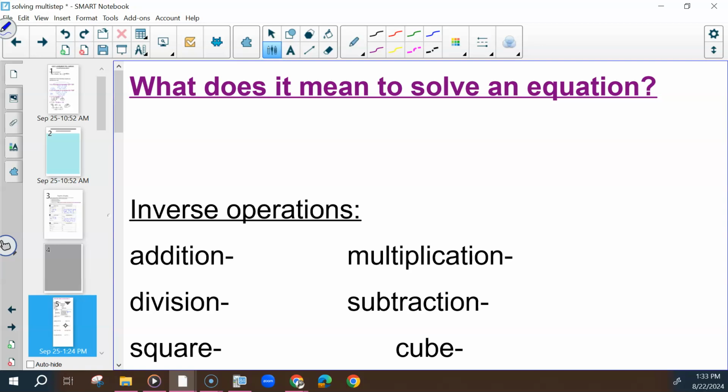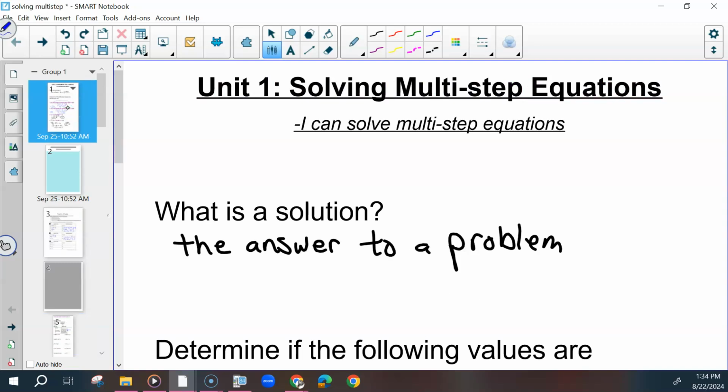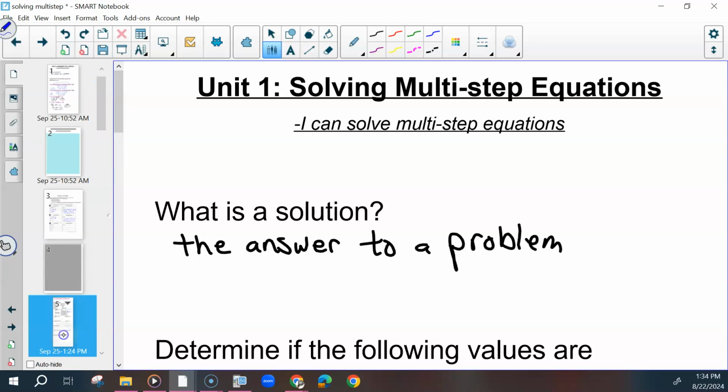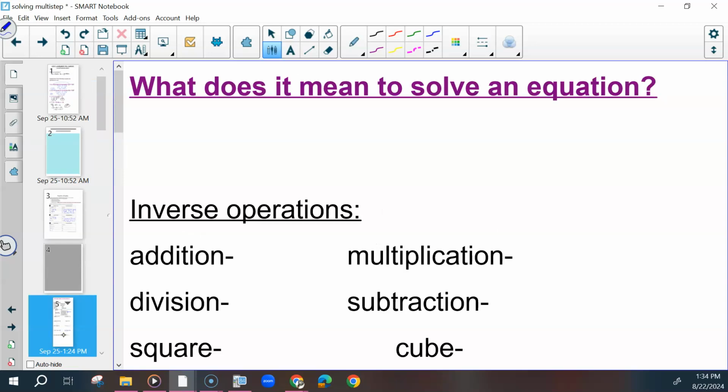Right, so at the beginning we talked about what it means to find a solution. Now, what does it mean to solve an equation? We're going to take that answer to a problem, okay? But also, not just that, we have to use our inverse operations in order to do that.